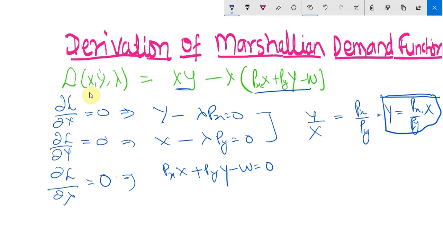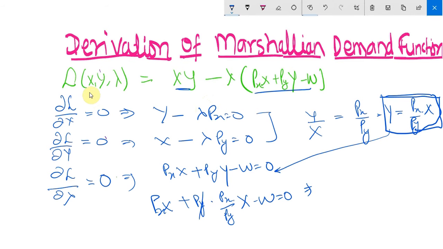We substitute this relationship in the budget constraint. So px times x plus py times the value of y, which is px over py times x, minus w is 0.